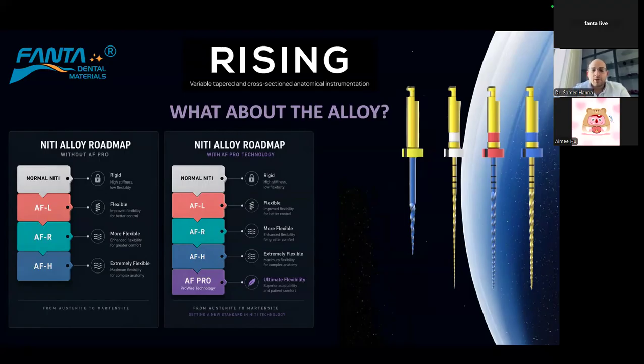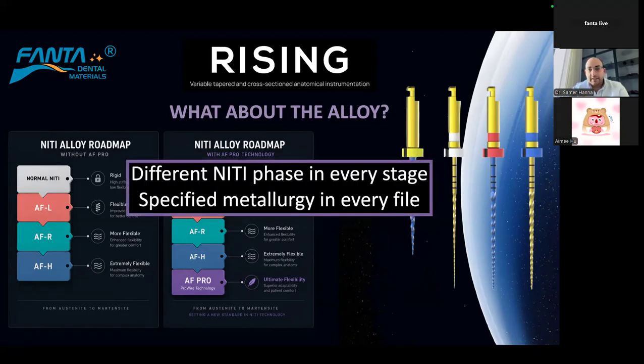If we talk about the alloy, we can go hours talking about the different austenite and martensite phases of the alloy, and how changing in the R phase, changing between both states, will create a good file. But again, the ProWire technology is the technology that was introduced in Rising, and it's really doing a great job in such cases.